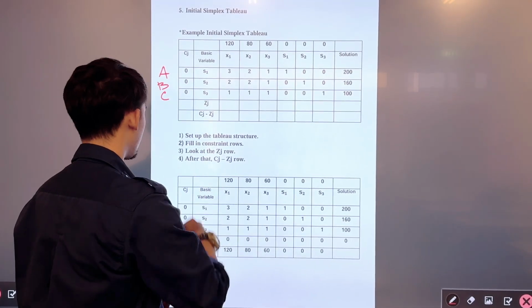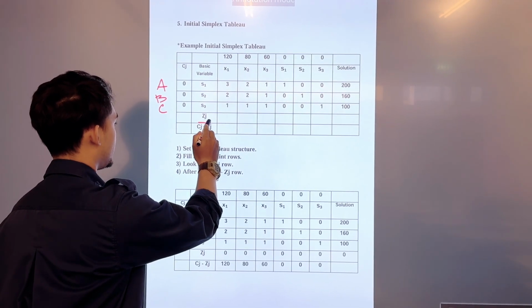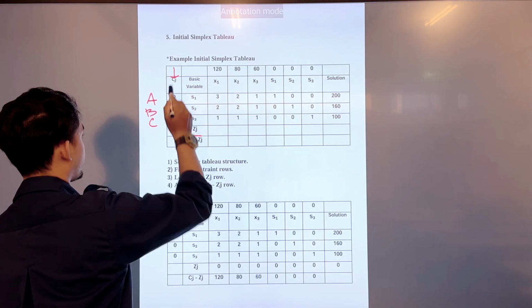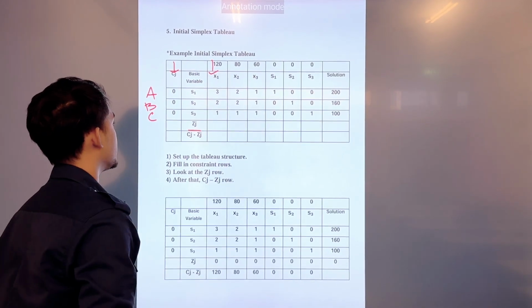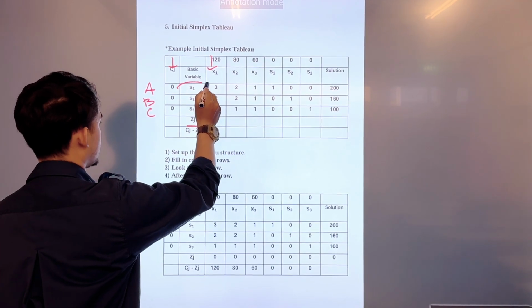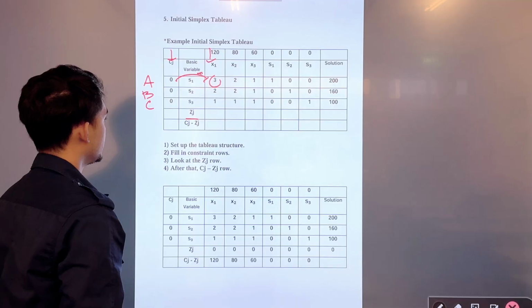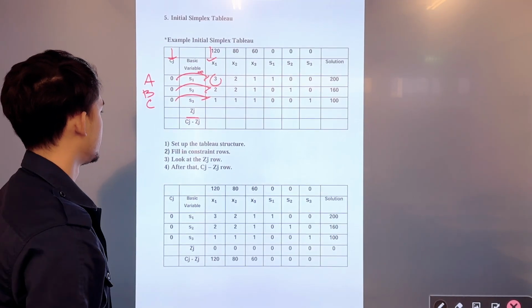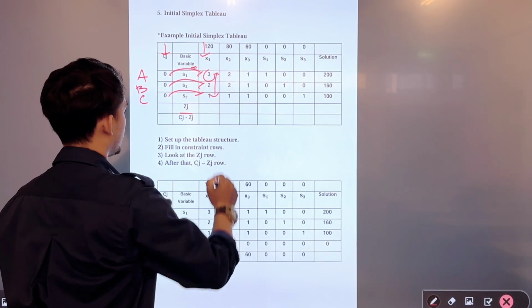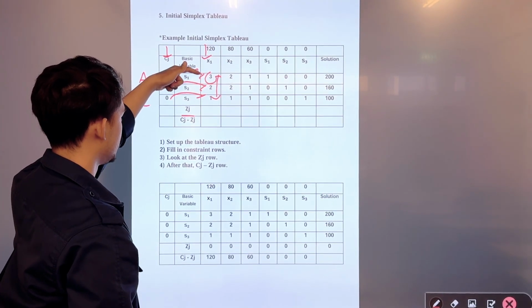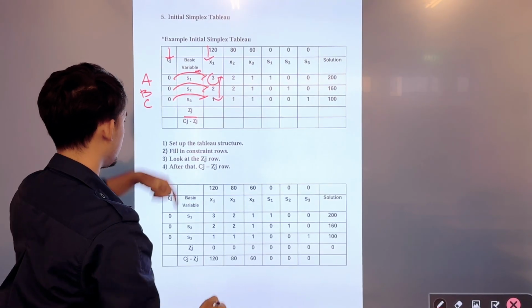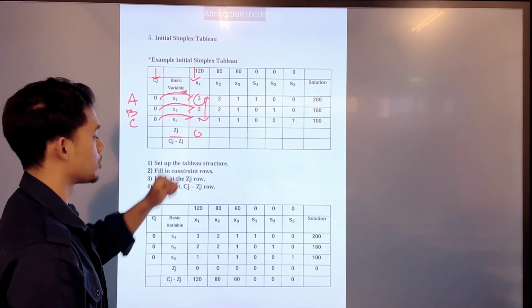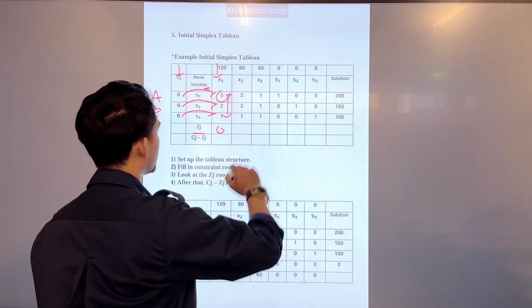Okay, step number 3, get the ZJ. How to do the ZJ: column CJ times column X1, which is 0 times 3, 0 times 2, 0 times 1, and you add them: 0 plus 0 plus 0, which is 0.